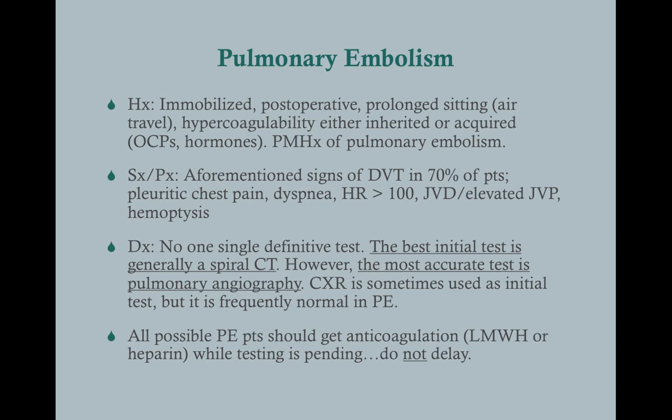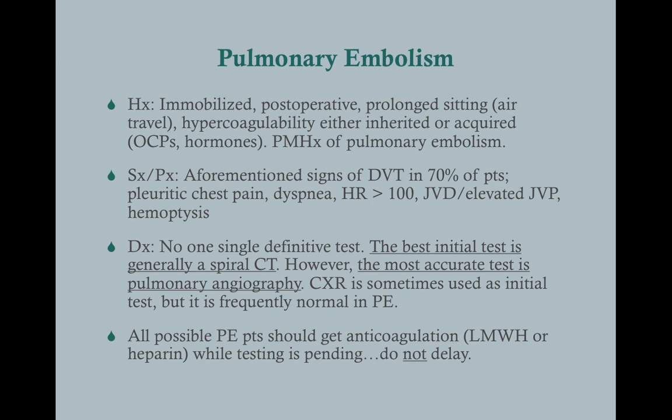The symptoms of pulmonary embolism are going to include all the aforementioned signs of DVT. Approximately 70% of PE patients also have symptoms of DVT. They have that leg swelling, redness, etc. The cardiorespiratory signs are what we see in addition to DVT signs when we are thinking pulmonary embolism.